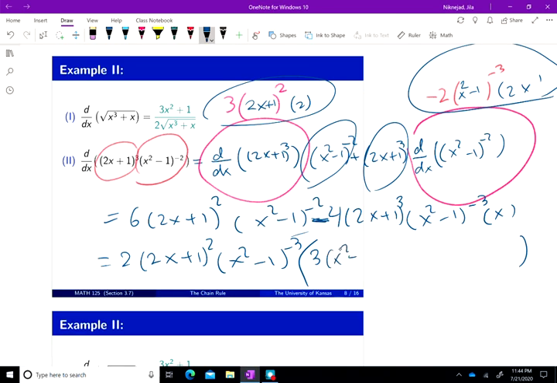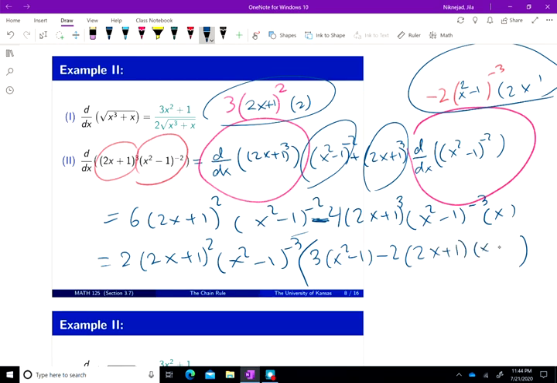So x squared minus 1, and here factoring out 2, there's another 2 left, and you have a 2x plus 1 and x left as well.